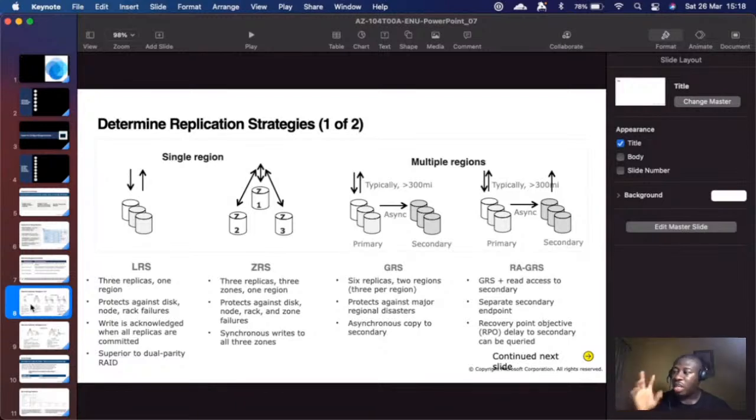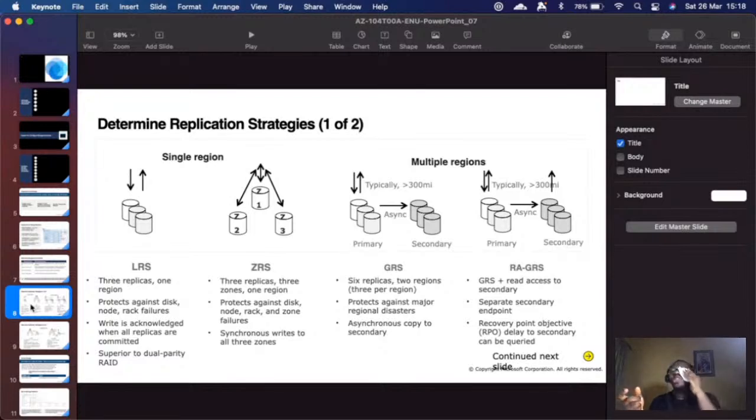Now, there's one thing I always try to explain to people. Do not confuse replication strategies for backup. No, they are not backup. These are meant to ensure that whenever you request your data, you get it.